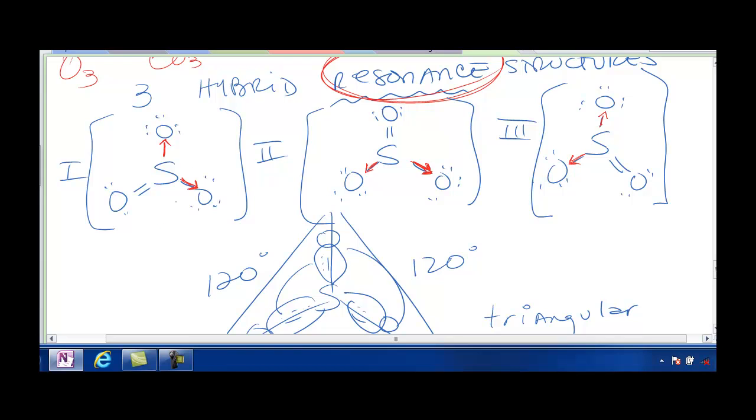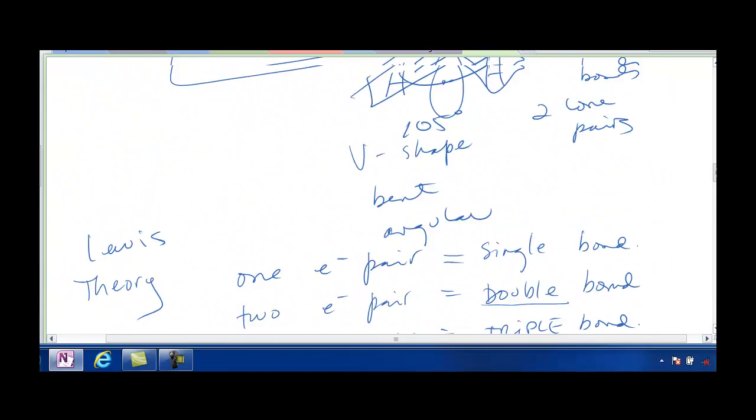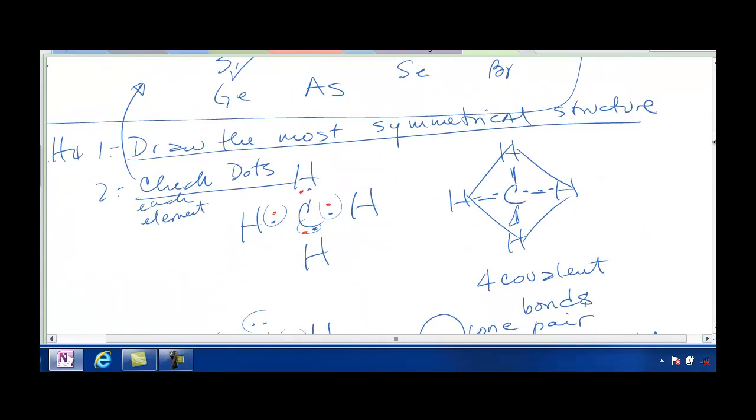So those are coordinate bonds, as opposed to the way we started. You know, when you started here, hydrogen shared electrons with carbon. Hydrogen chipped 1, carbon chipped 1. So that was an electron pair, but each element contributed 1. Do you see the difference?